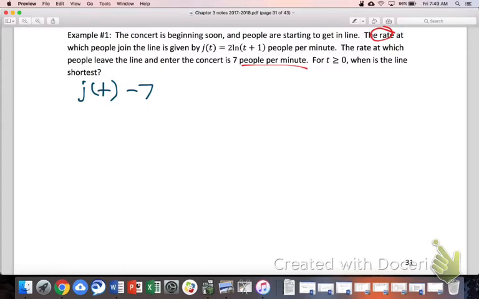Okay, so let me ask you guys a couple questions here. Yes, sir? Would you multiply by t to make it a rate if it wasn't already a rate? Well, it would depend on what it is. If for some reason they gave us information, they said that the rate of people entering the concert was 7 people per minute, then yes, you definitely would.